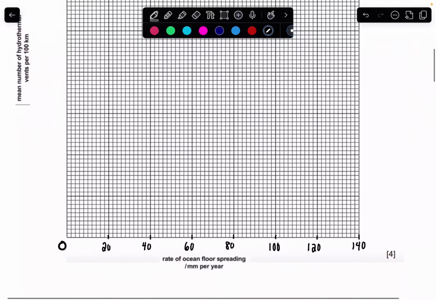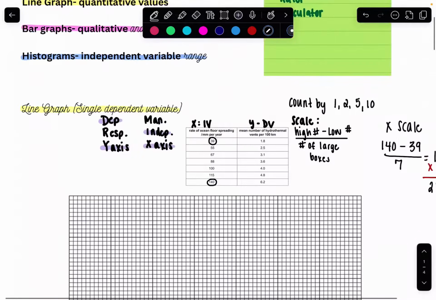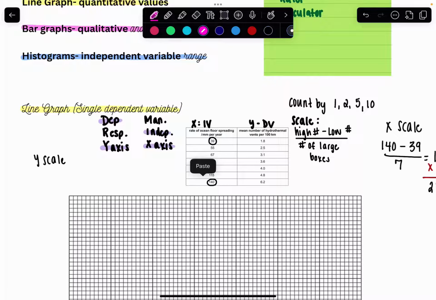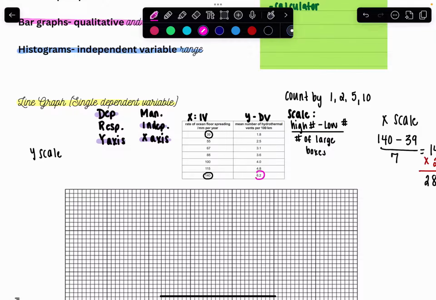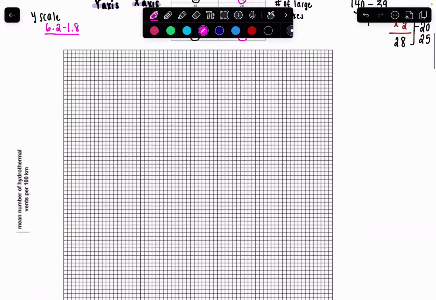Before we graph, we also have to do this for our y-axis. So on the y-axis, for our dependent variable, our scale will be our dependent variable high number, which is 6.2. We're going to subtract our low number for our dependent variable, which is 1.8. We don't know the number of boxes, so let's count our number of boxes.